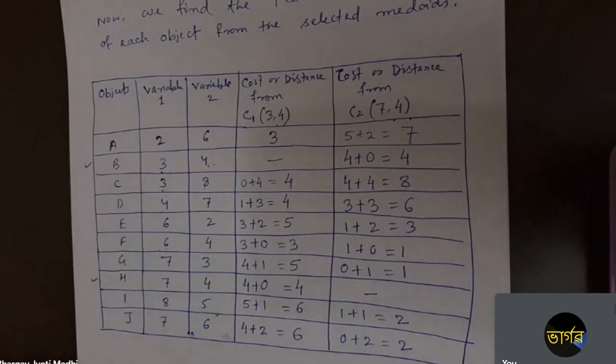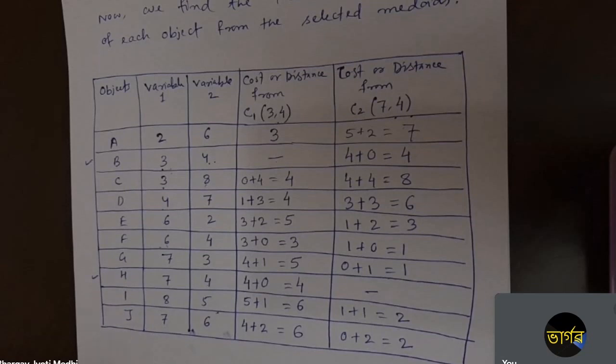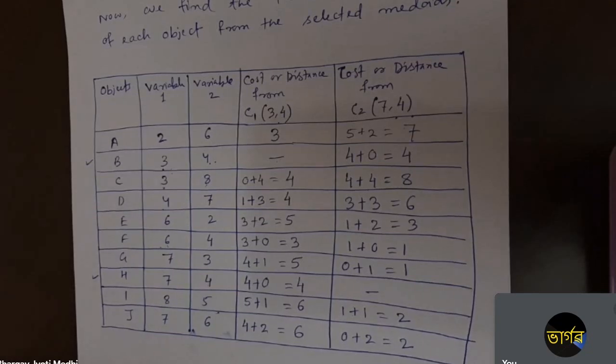So we have calculated the Manhattan distances of all the points from both the clusters. After this is done, next based on the distances we'll try to assign the various points to the clusters. Logic is same.